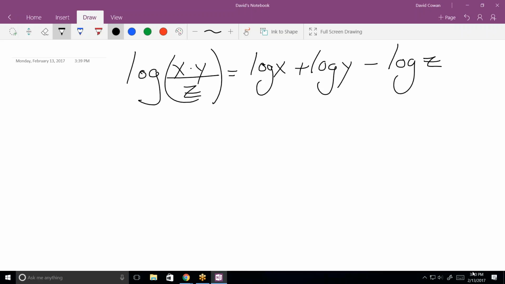This actually proves very helpful in calculus. In calculus, it's extremely difficult to find an integral of products and quotients, and that's what we have here. We have two products in the numerator, and then the whole thing is being divided by z.